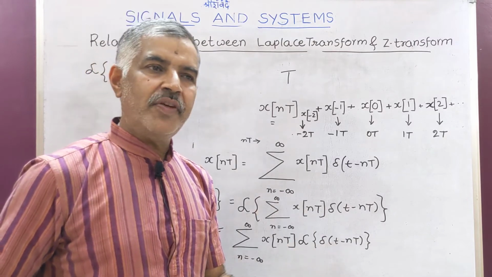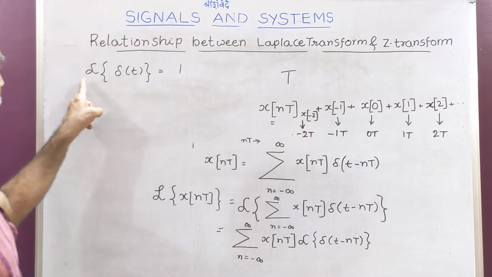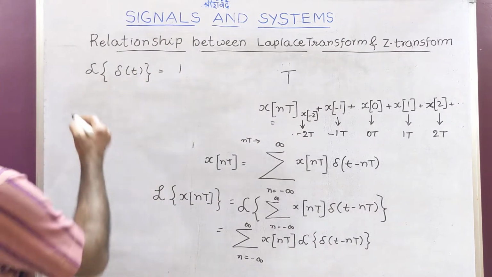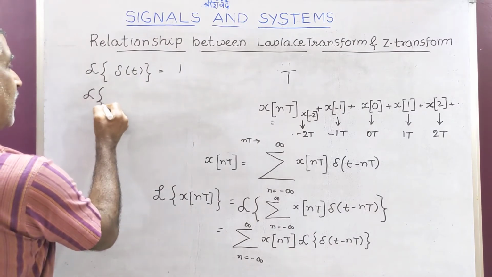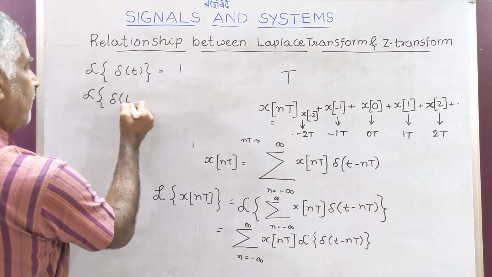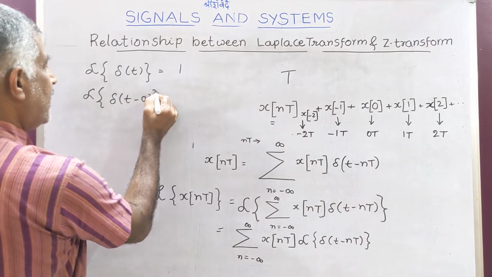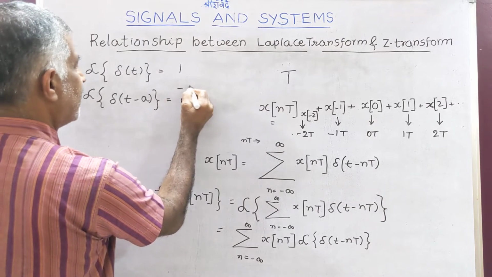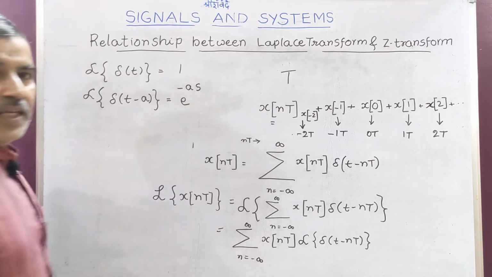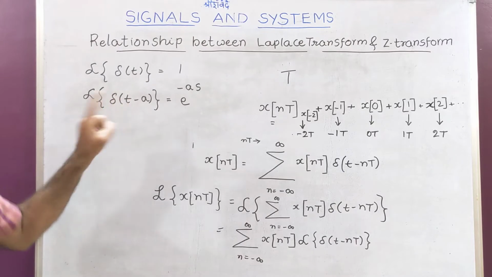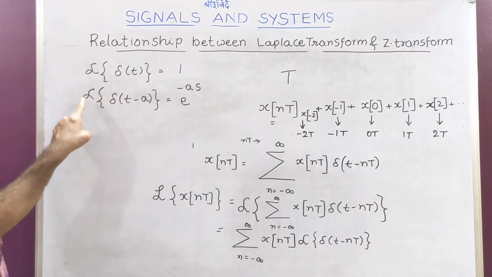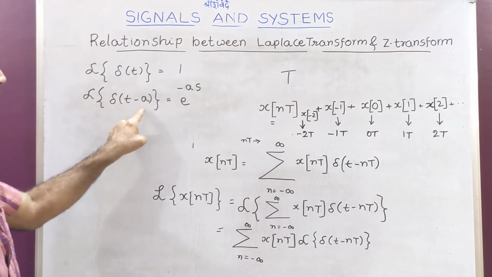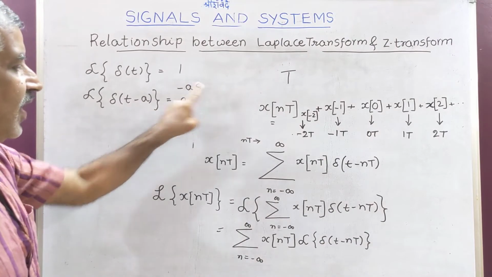Fourier transform of delta function is also unity. So L of delta of t is 1. What about the Laplace transform of delta of t minus a? It is e power minus as. You have to remember this formula very well. L of delta of t minus a is e power minus as.